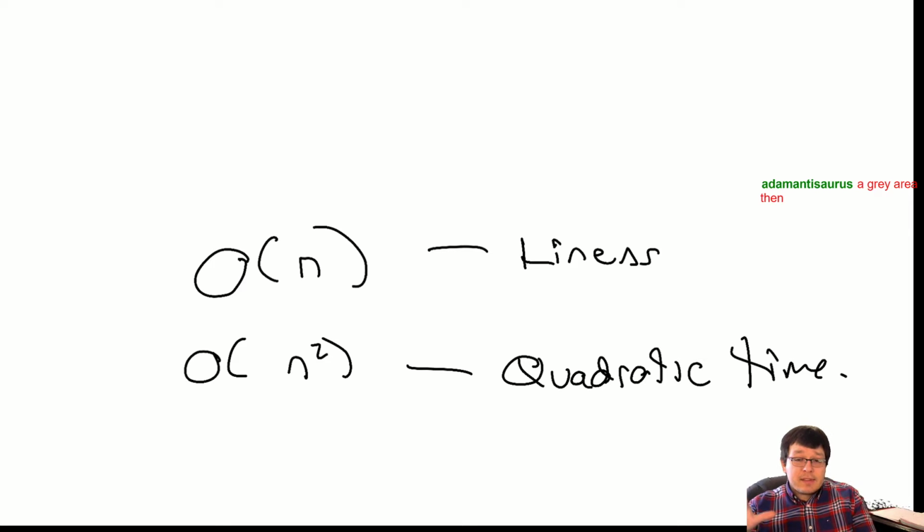And what that means is the best case scenario for any algorithm cannot be faster than this time. And that sounds weird because I'm using the word best case when talking about lower bound. But it's more like the best worst case, really.